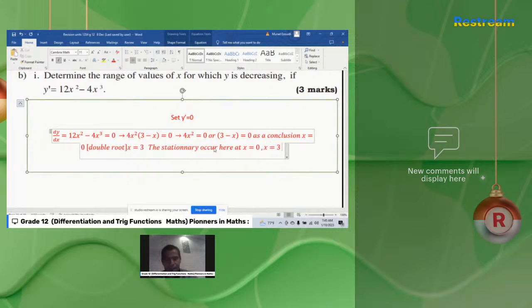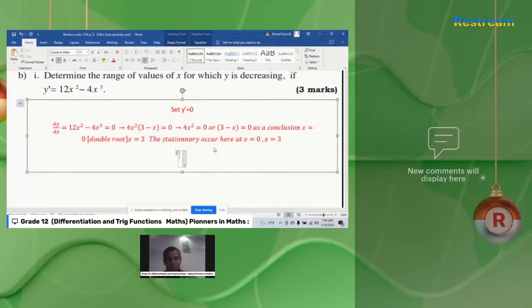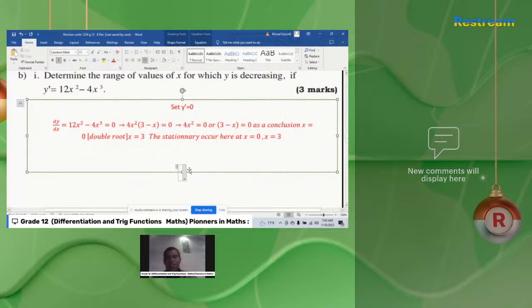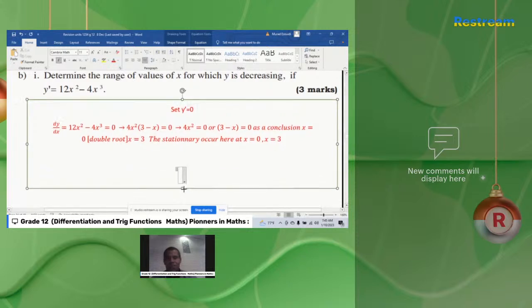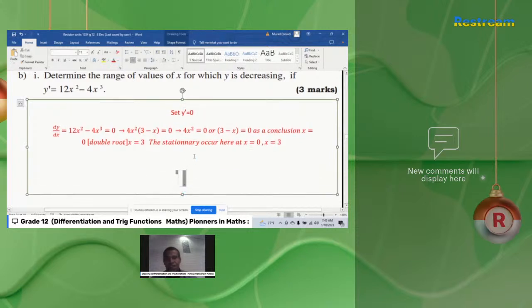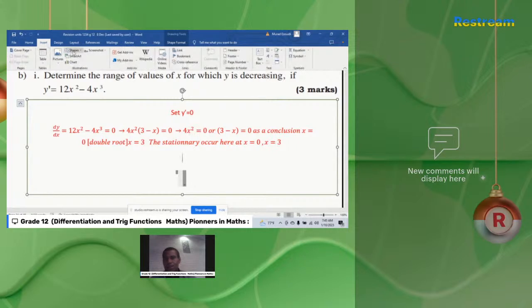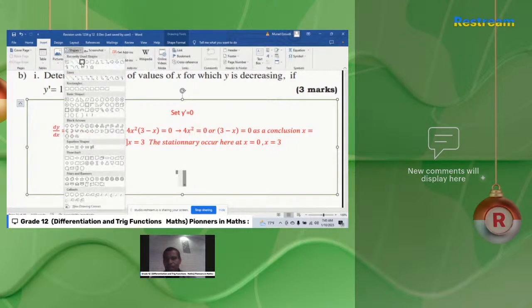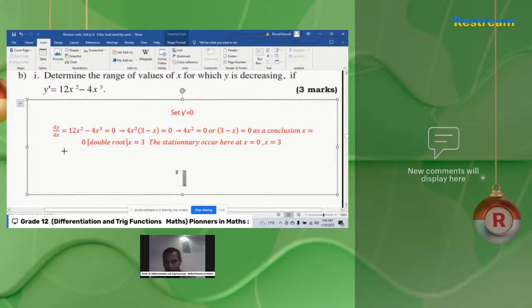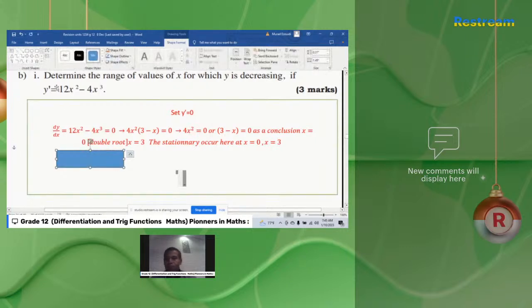Now, learners, what's remaining to do is to construct a table of values and check the sign of y dash. That means I will try to insert some, like that. I hope this one will work. Okay, that works. This is white. So these are the values of x.